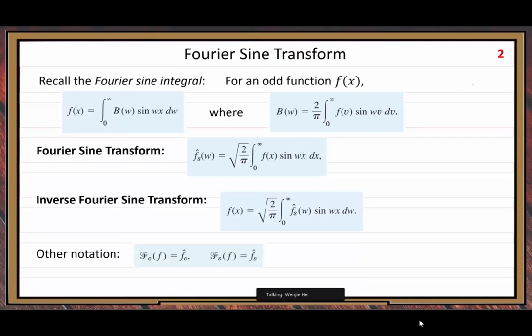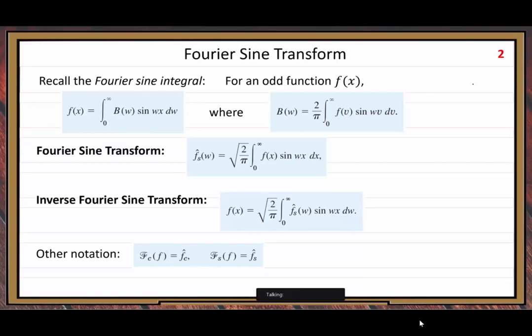There is also another popular notation, because for the Fourier transform, most mathematicians like to use a special, curly letter. Laplace also uses a curly letter, right?